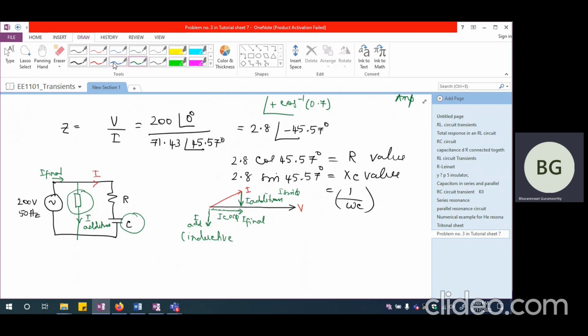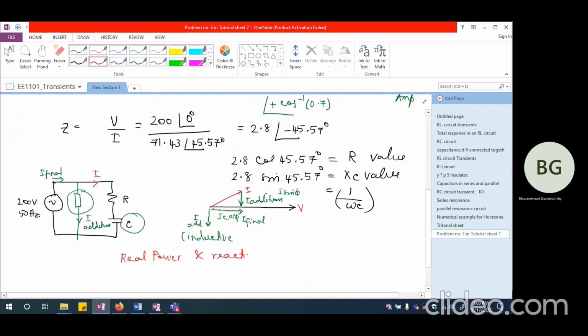So let me first of all calculate real power and reactive power. What we want primarily is the reactive power, because we want to make it a unity power factor condition.